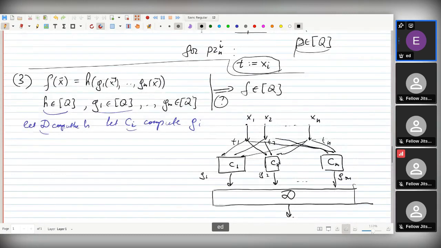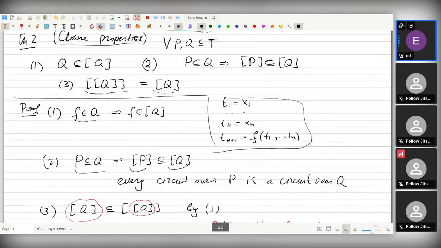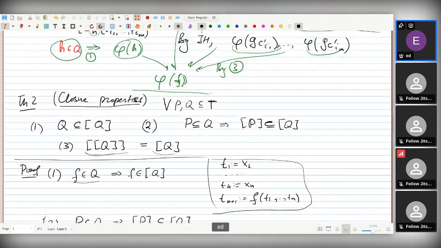That is, it computes our F. And needless to say that this construction, where C's are circuits over Q and D is a circuit over Q, is, of course, a circuit over Q computing F. Hence, F is computable over Q. Is it clear? Yes.